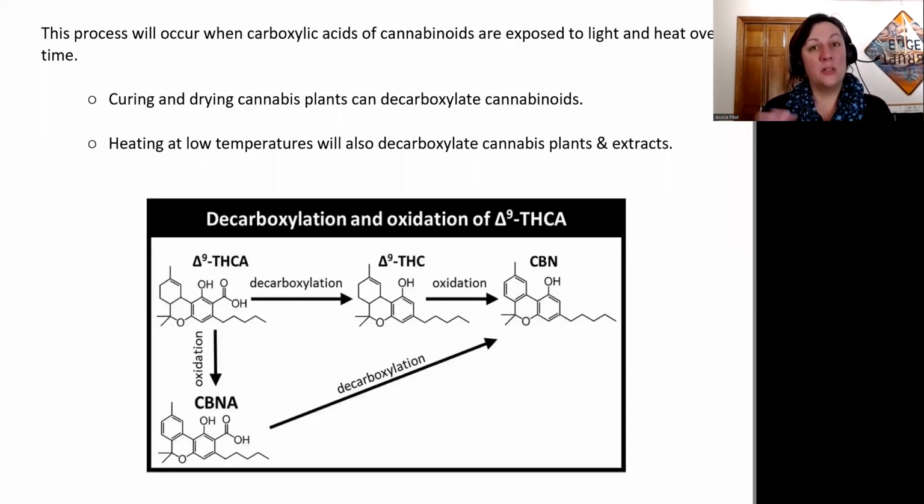This will happen slowly over time, or we'll see that it happens during the curing and drying process as well. It can be accelerated with light or with heat. That curing and drying phase exposes the plant to enough light and heat that it will decarboxylate a lot of the cannabinoids. We can do this with the plant, and we can also do this with extracts, just heating at a very low temperature will accomplish the same goal.